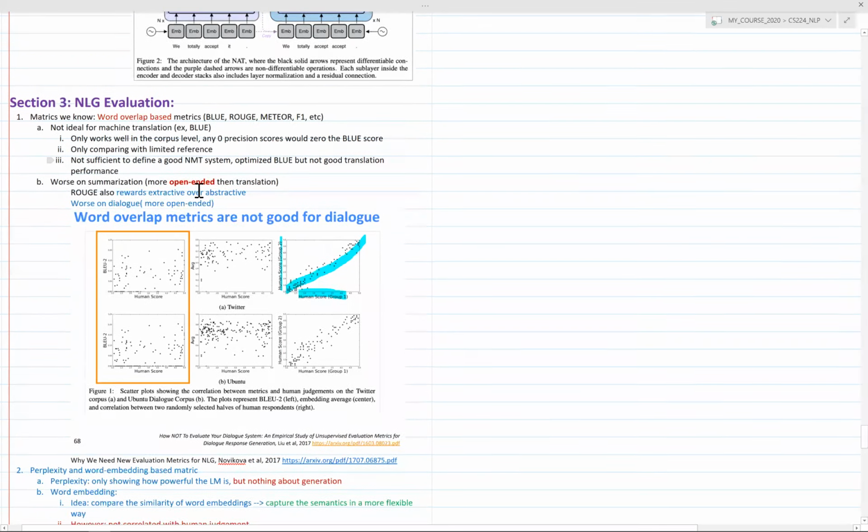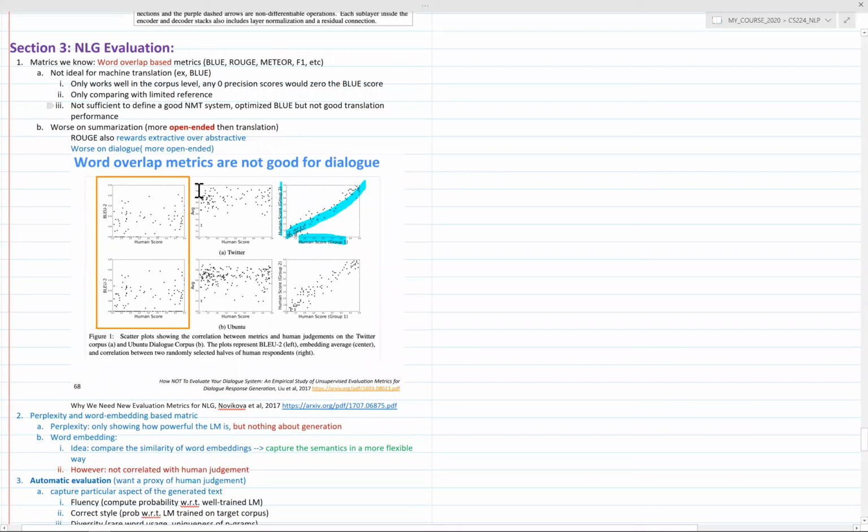So this problem would be more difficult in the summarization problem, because this problem is more open-ended than translation. And in this case, ROUGE would reward extractive over abstractive, and neural summarization is actually trying to be more abstractive than extractive, which comes into a dilemma.